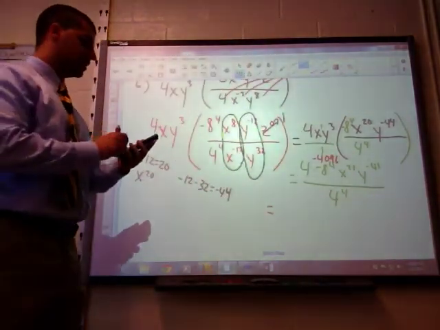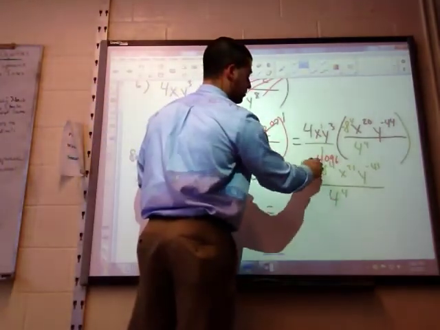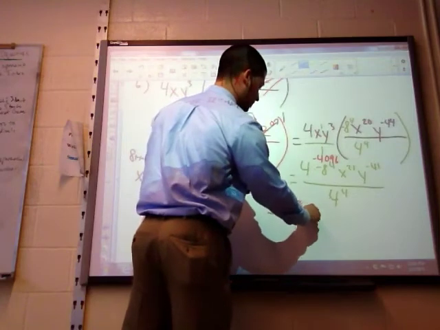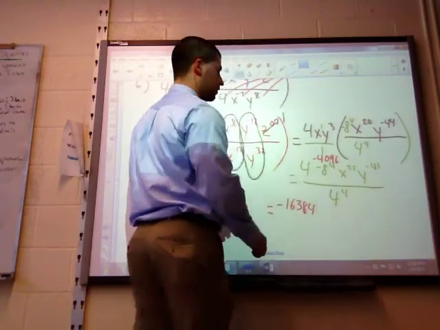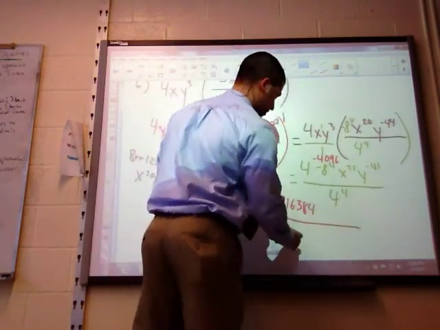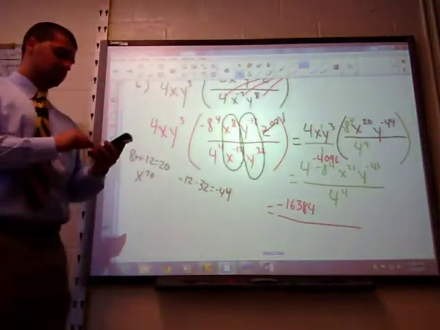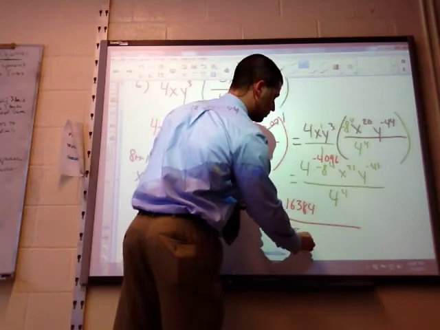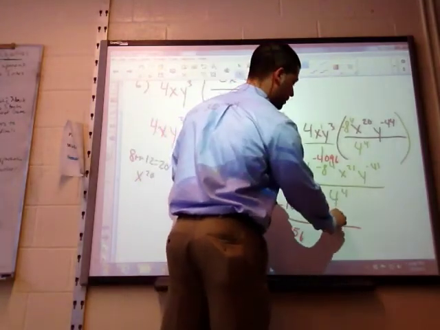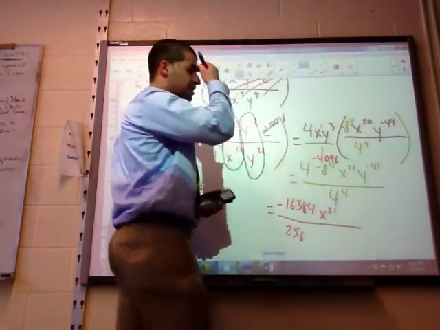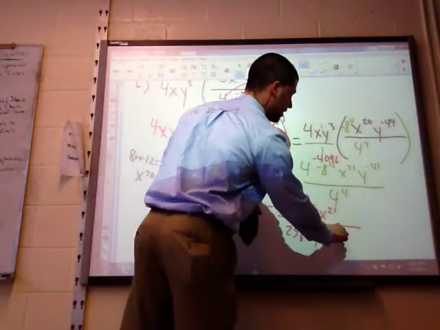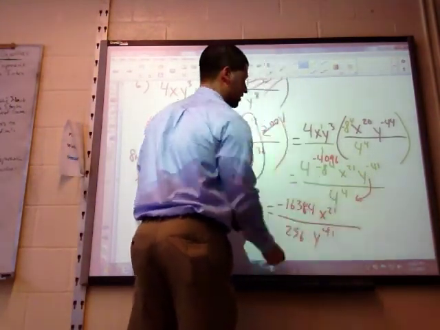Multiply that by 4 on the top, because remember we treat numbers like numbers, so we can multiply those two together. 4 to the 4th on the bottom is 256. x to the 21st stays on the top because all the exponents are positive, and y to the 41st moves to the bottom because you got a negative exponent.